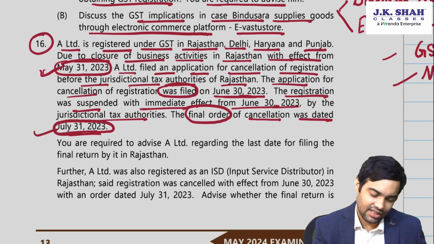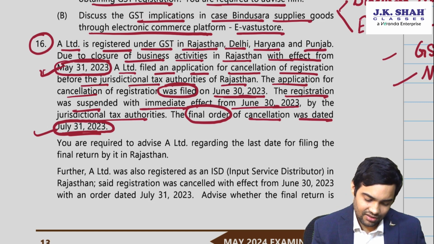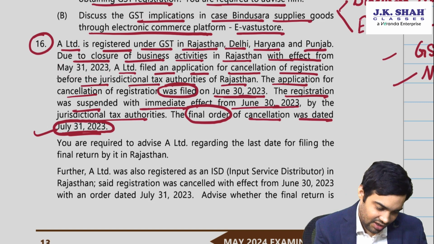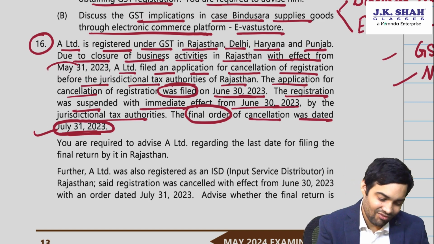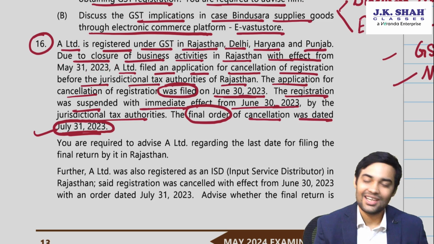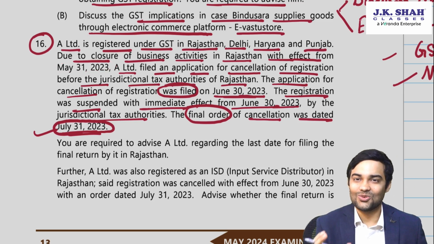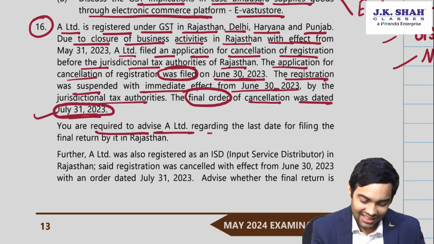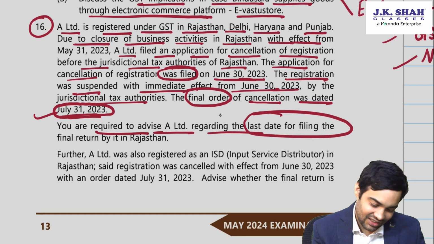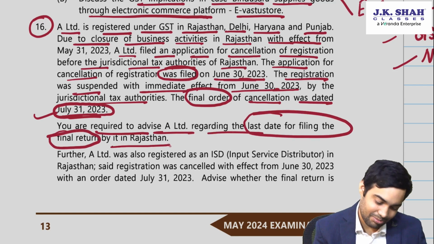Obviously 31st July is later. Okay, one second. You'll also have to check what is the effective date of cancellation in the order. You have closed your business on 31st May, but it depends on the officer as to what is the effective date of cancellation. You are required to advise A Limited regarding the last date of filing final return in Rajasthan.